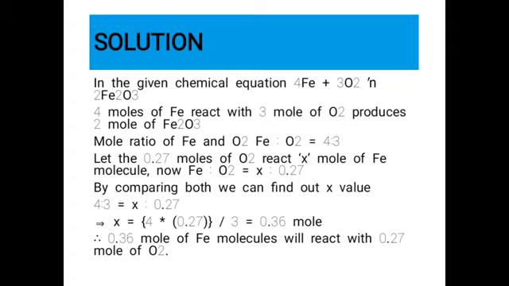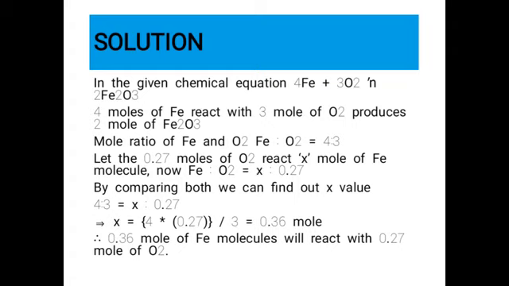So we can now say let 0.27 moles of O2 react with X mole of iron. So Fe ratio O2 will now be X ratio 0.27. So if you want to compare, we can say 4:3 is equal to X ratio 0.27. If you cross multiply, your X will be equal to 4 times 0.27 over 3.